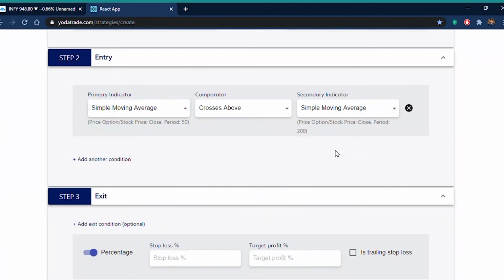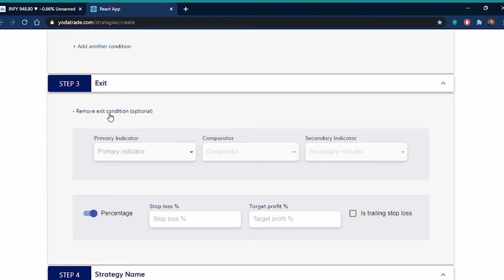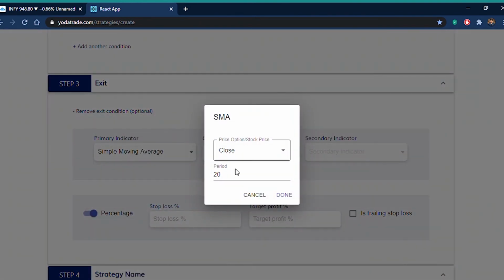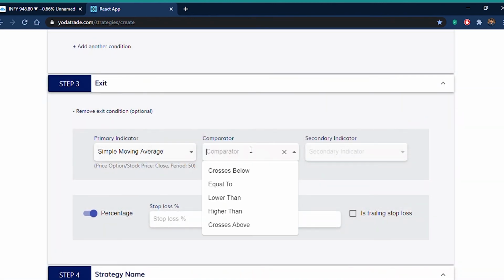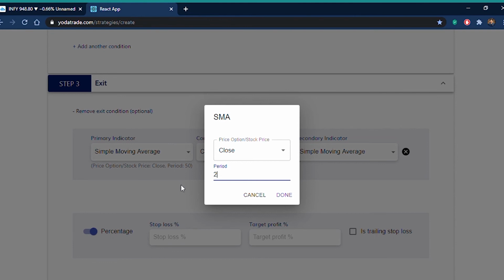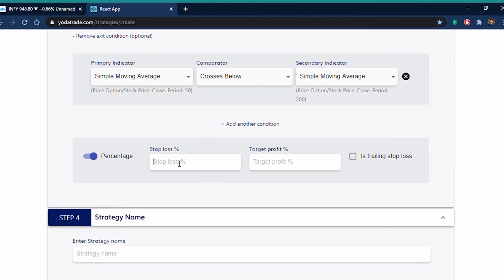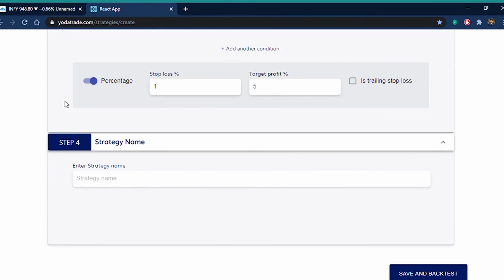And also let's add an exit strategy: simple moving average of length 50 crosses below the simple moving average of length 200. So this is when we exit. Let's add a stop loss of 1% and target profit of 5%. Let's name the strategy Info crossover SMA.